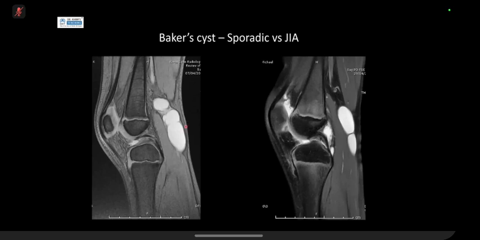And the different thing here is that we always need to make sure on the MR, if you see a Baker cyst, or even on an ultrasound, make sure there's no underlying cause like an inflammatory arthritis or something else that's driving it.